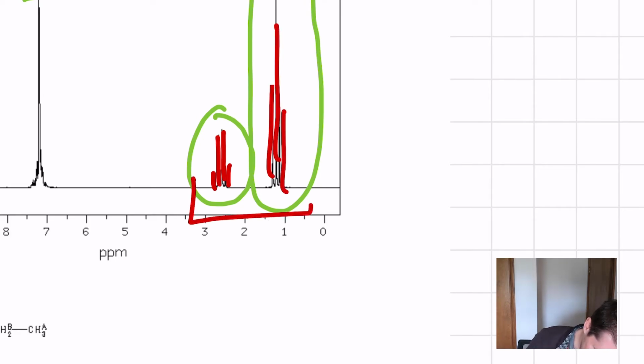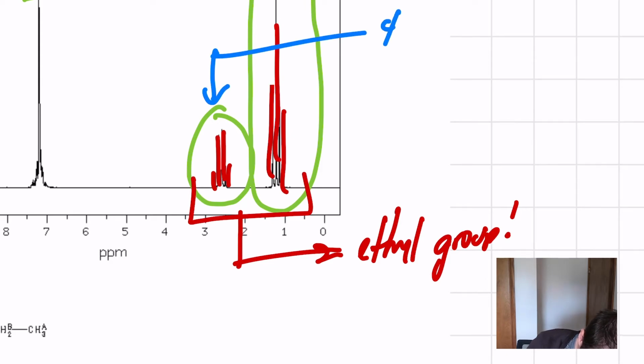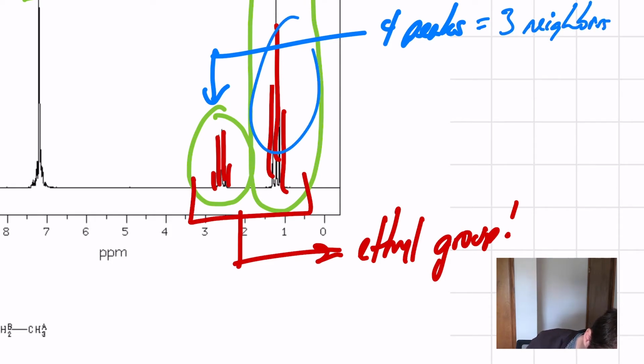So if you see this pattern right here, you should be thinking that is an ethyl group, because on this one I have 4 peaks, which means 3 neighbors. And on this one, I have 3 peaks, which means I have 2 neighbors.